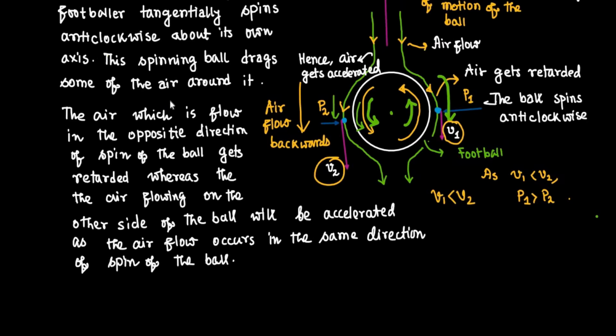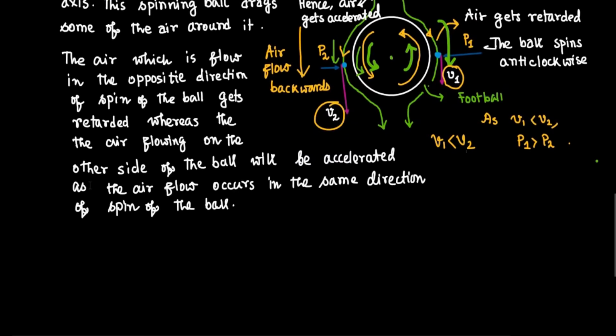In this case, V1 is less than V2. That means the velocity of airflow on the right side of the ball will be less than the velocity of airflow on the left hand side of the ball.